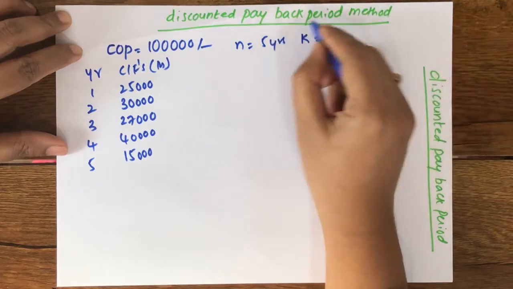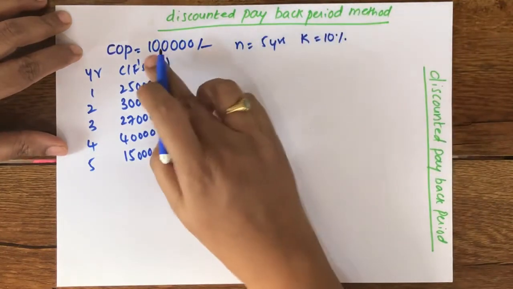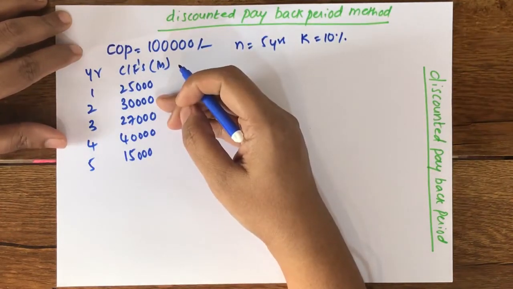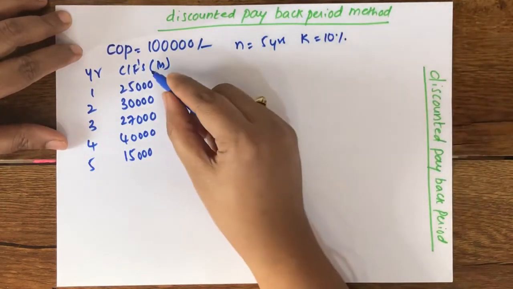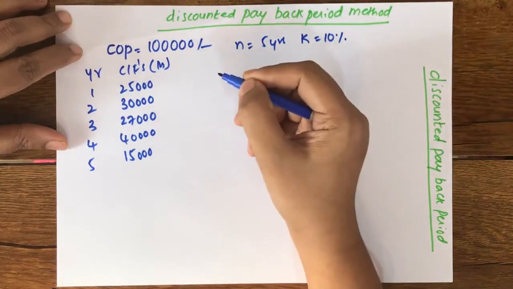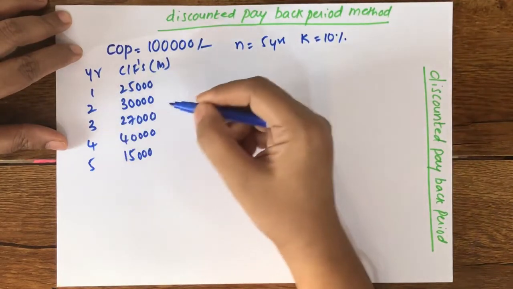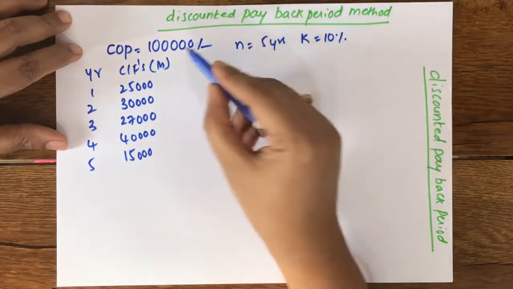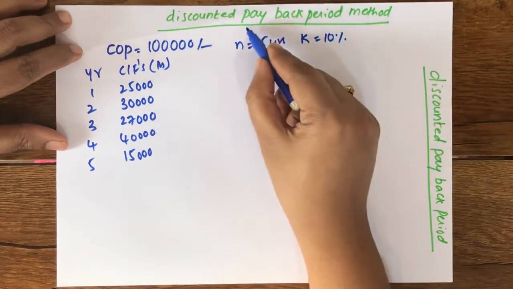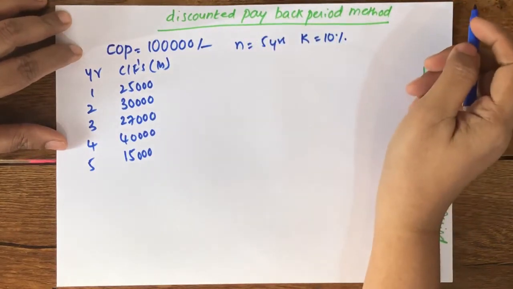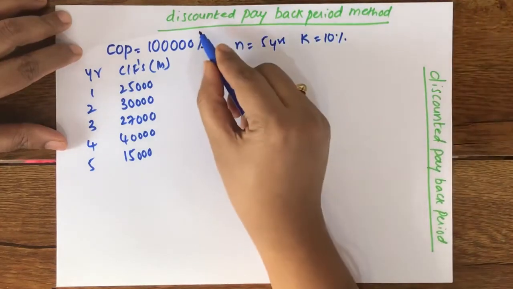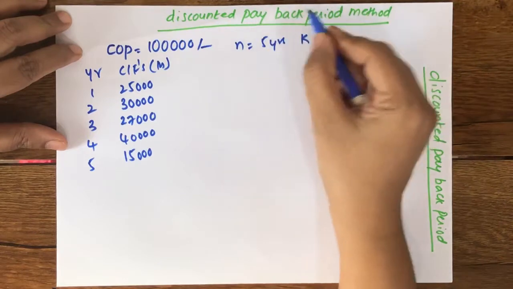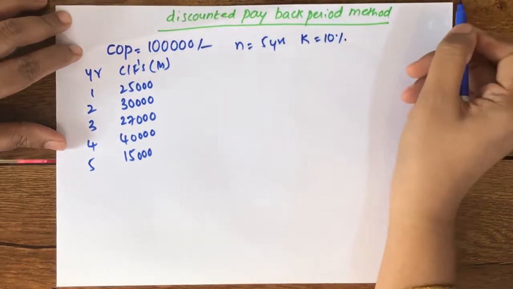As usual, payback period means the time taken by any project to return our initial investment. In the regular procedure, we find the cumulative cash inflows, and then in which year or between which 2 years our initial investment is realized, we determine the payback period. But here, this is a different variant, the discounted payback period.